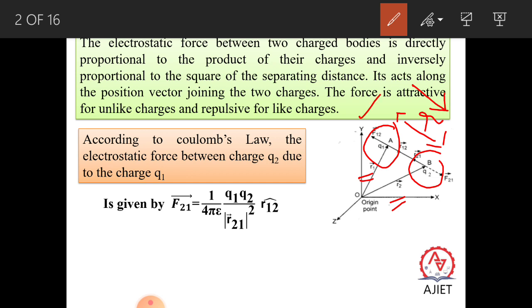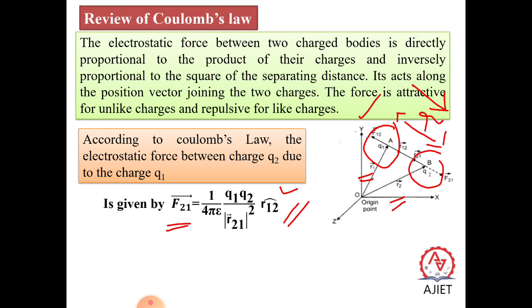So the force acting on the charge Q2 because of the charge Q1 can be written as F21 equal to 1 by 4 pi epsilon, Q1 Q2 divided by R21 square, into R12 cap. What is this R12 cap? R12 cap is the direction of the force, acting from charge 1 to 2.